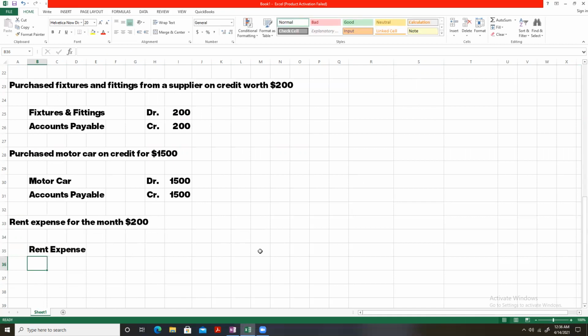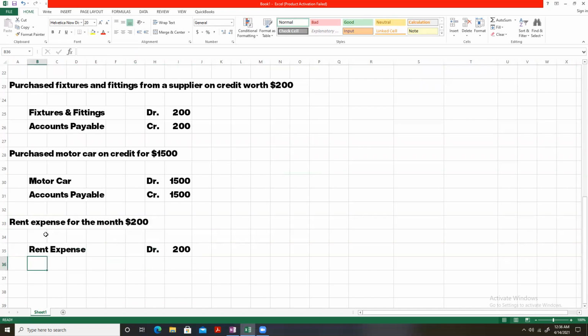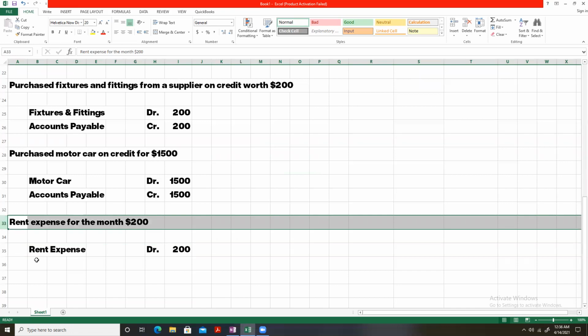Whenever there is an expense, we debit the expense account, because in this transaction, what is actually happening is that an expense is incurred.